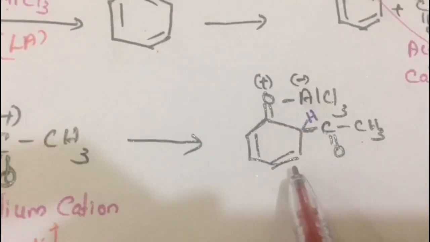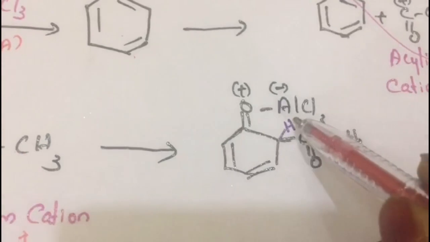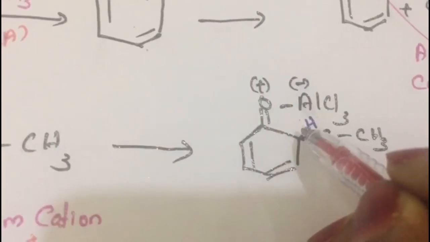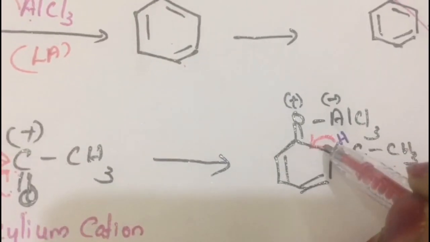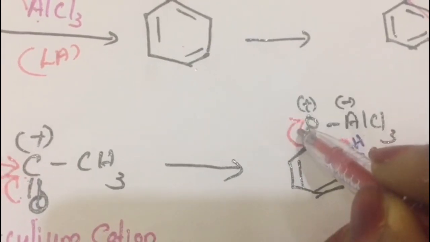Here the benzene ring loses its aromaticity. So to get its aromaticity back, this H will leave as H plus ion, and that will give electrons back, and this electron will move back to this oxygen.